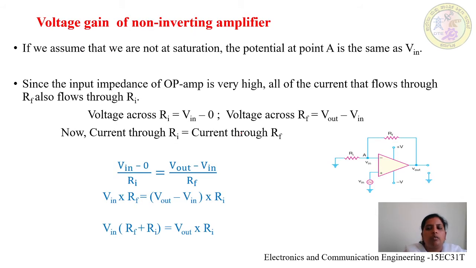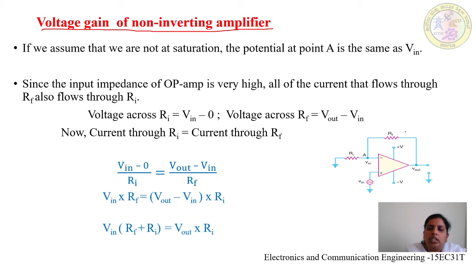Now we are going to find the voltage gain of the non-inverting amplifier. This is the non-inverting amplifier circuit. The input is applied to the non-inverting terminal, and the feedback is connected to the inverting terminal through RF and Rin.